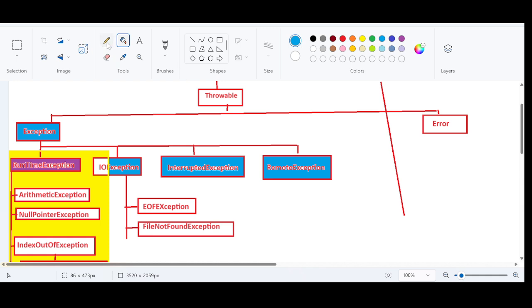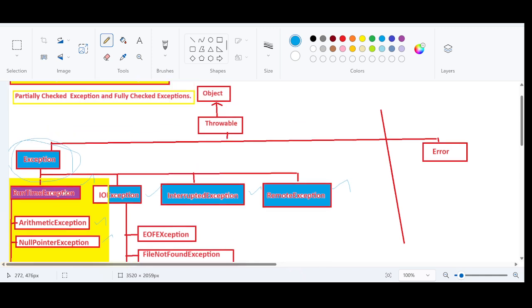So the exception class has many subclasses. Some subclasses are categorized as unchecked, and some subclasses are categorized as checked exceptions, right? So the exception class will fall under the category of what? It is not completely checked, because one of the exceptions is unchecked.